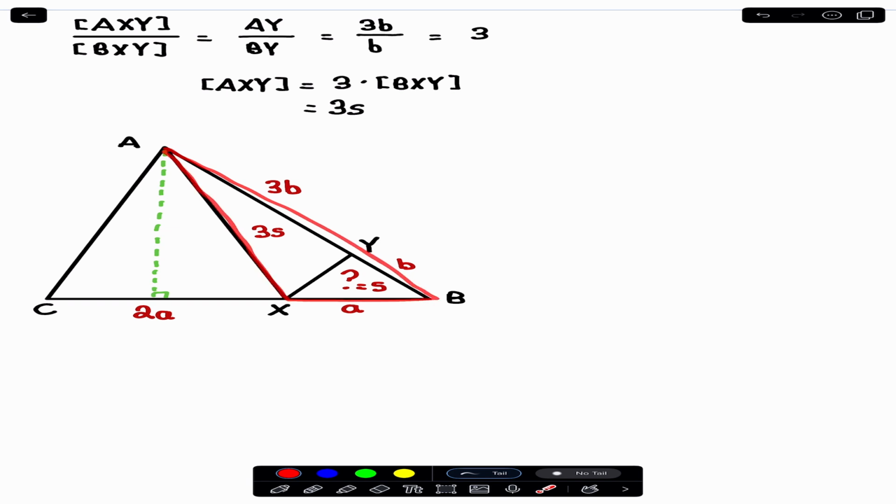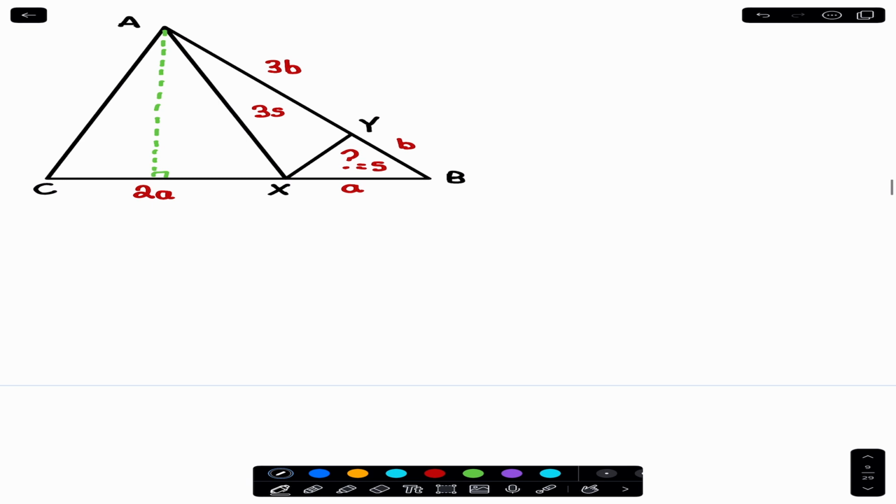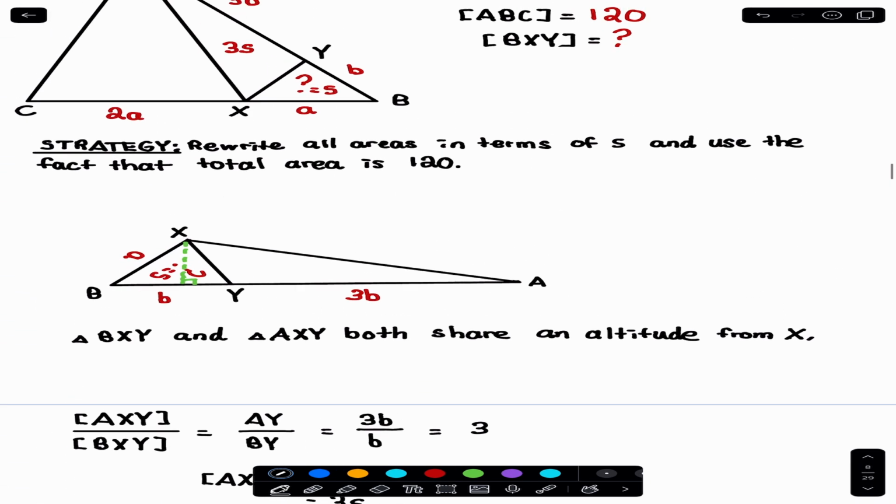They both share an altitude coming down from point A. So triangle ACX and ABX share an altitude from point A. Again, I hope you see that this is basically just the same thing applied many, many times.